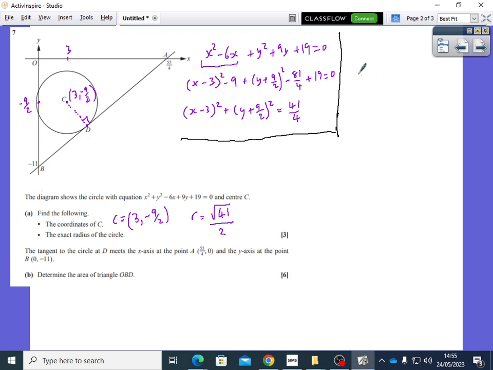So the gradient of AB is going to be the difference in y, which is 11, over the difference in x, which is 55 over 4. If you did 11 divided by 55 over 4, you'll get 4/5.